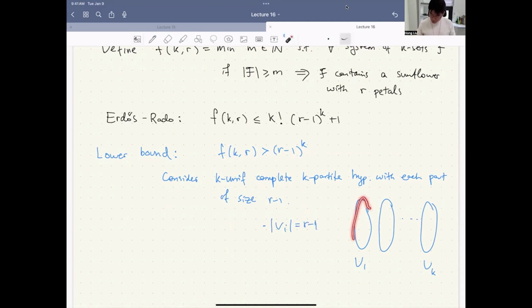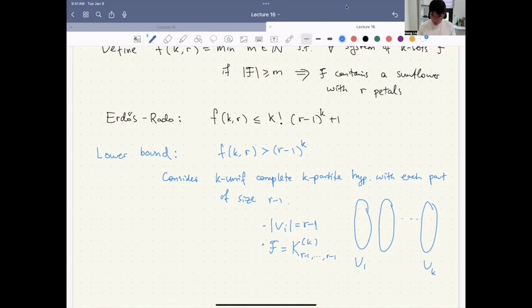The sets in F are all those sets that intersect each Vi in exactly one point.